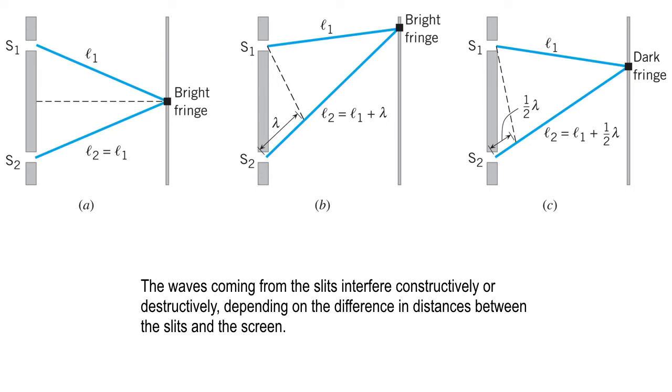Okay, so if this little sliver of extra distance here is half a wavelength, bing, you have destructive interference at that point. So the dark fringe comes first, then a little bit above that is a bright one. And then you'll get bright, dark, as you go up above the center point.